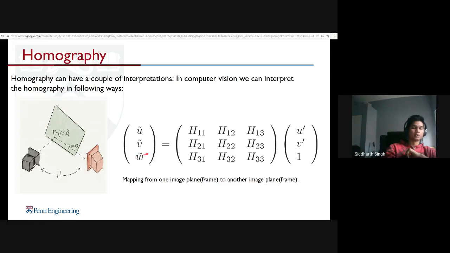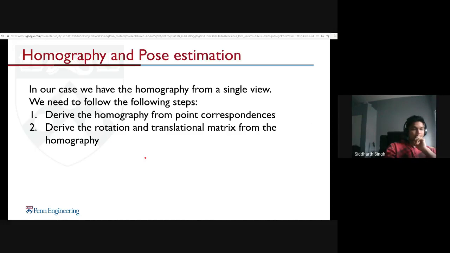We are moving from one plane to another plane, but we don't know the depth ambiguity. Okay. So that is the path that we are going to take. Find out the homography from the point correspondences, and then find the translation and rotation matrices from the homography.